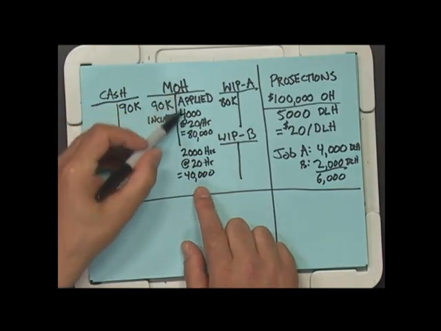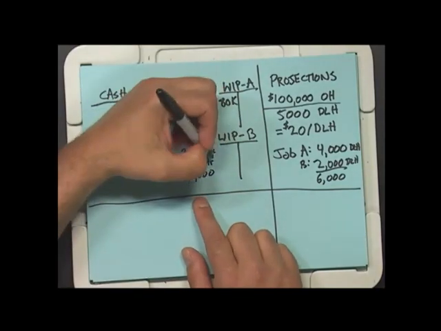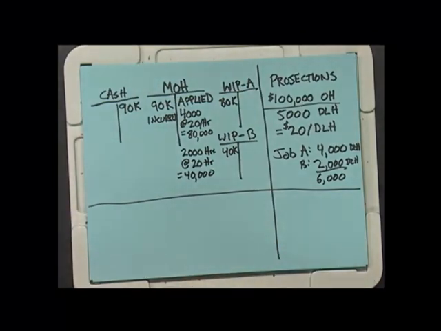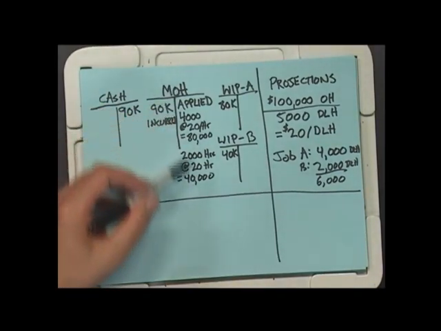And we're going to take that out of manufacturing overhead and put that into job B. Okay? So now we have successfully resolved the suspense in our manufacturing overhead account.